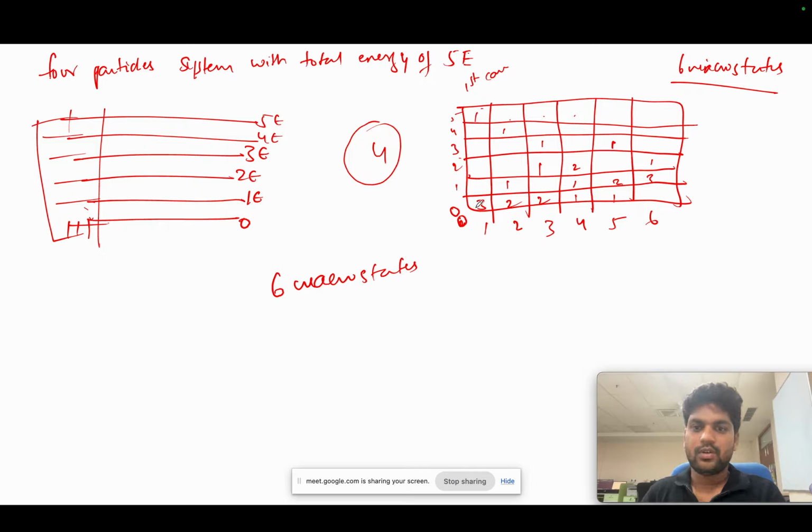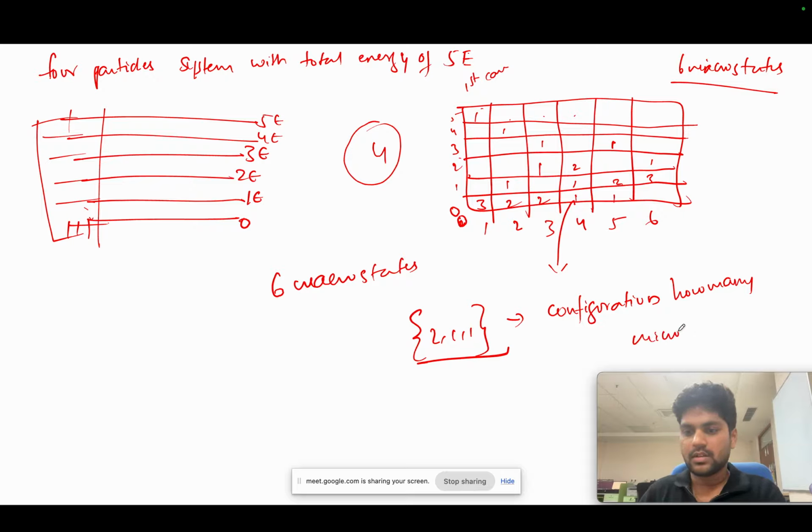So if I ask you to find how many microstates we can attain in a configuration, say the 2, 1, 1 configuration, this will be simple: 4C2.